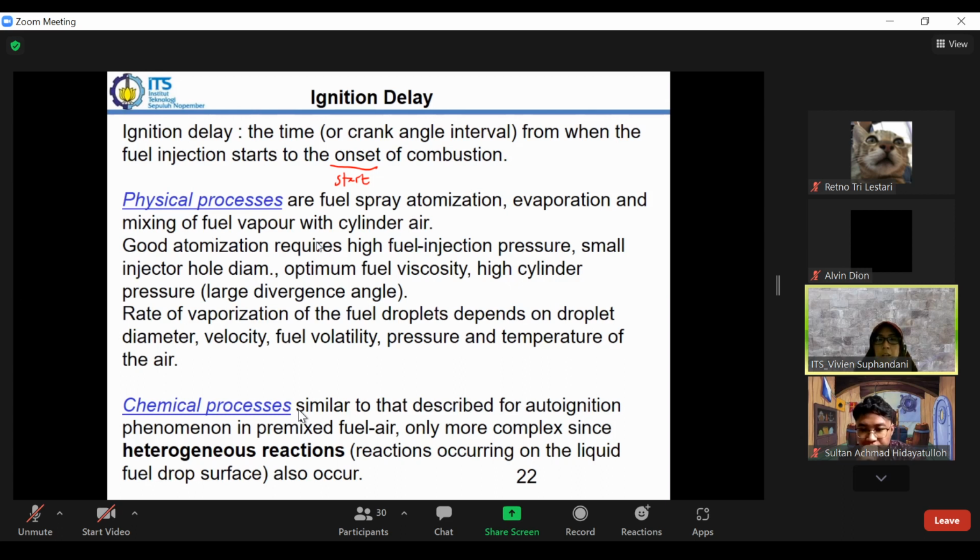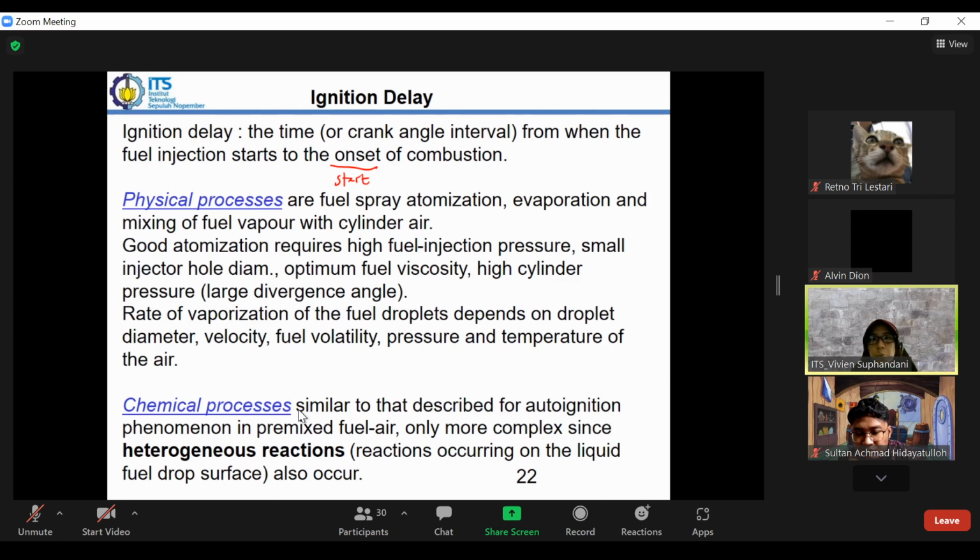What are the factors that affect these physical processes? If we talk about atomization, this depends on the injection pressure. If we have higher injection pressure, the fuel will be easier to atomize.